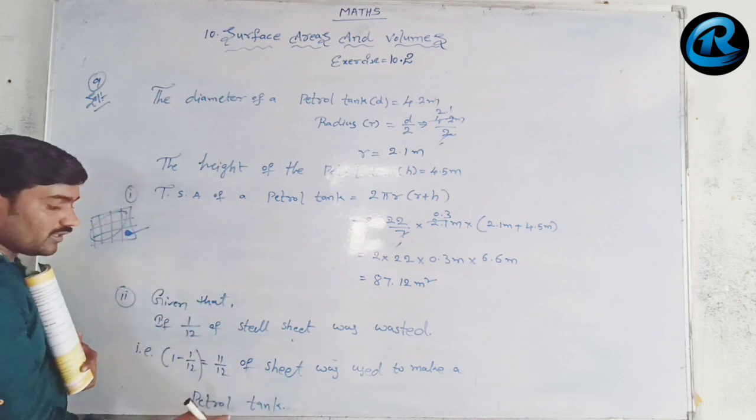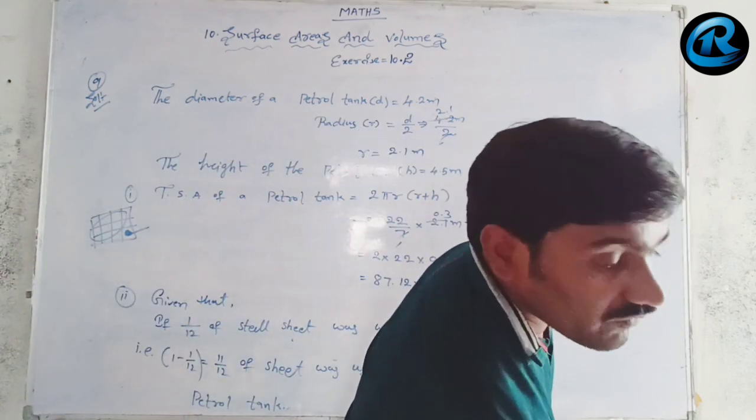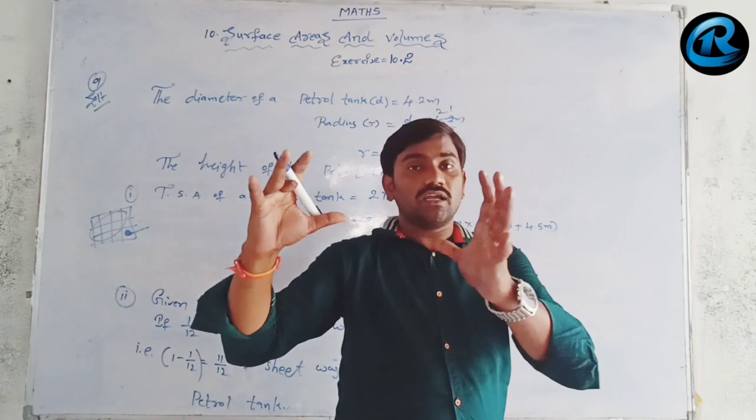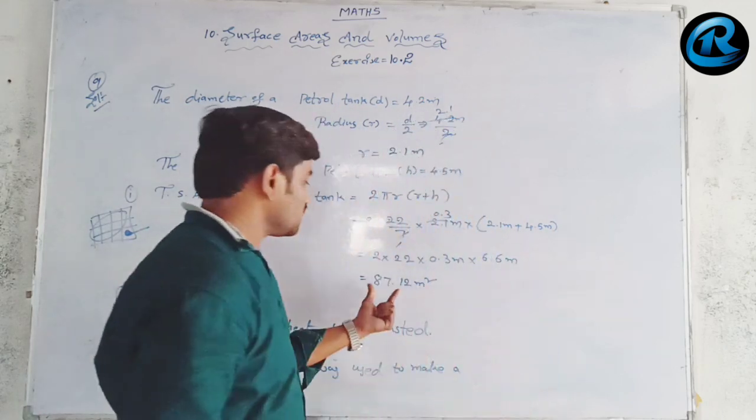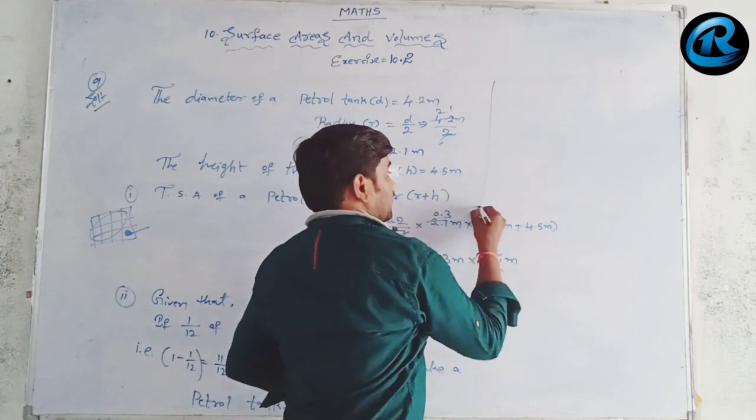So 11/12 of the steel is equal to 87.12 meters square. So here I can say now.